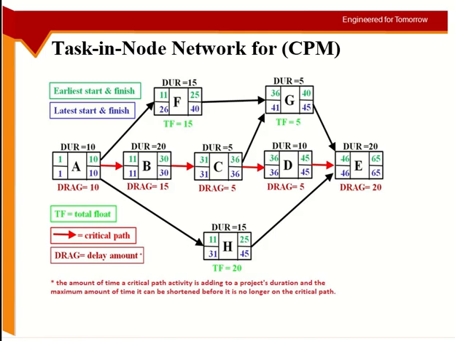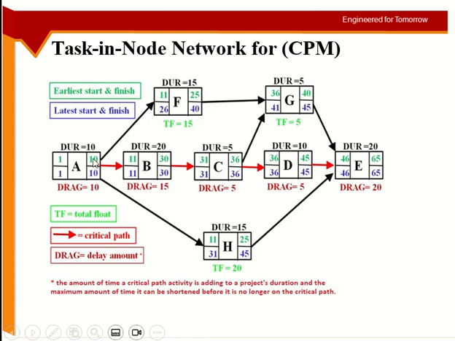One evidence that this is the critical path. Another evidence is that the duration you get along the critical path is the highest one. If I add the durations of all activities along this path, 10 plus 20 plus 5 plus 10 plus 20, it gives me 65.